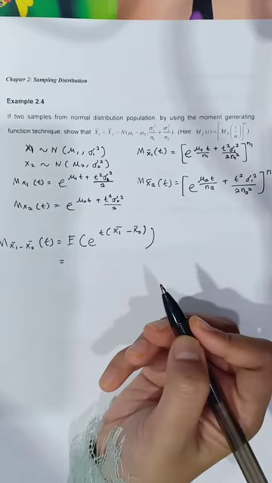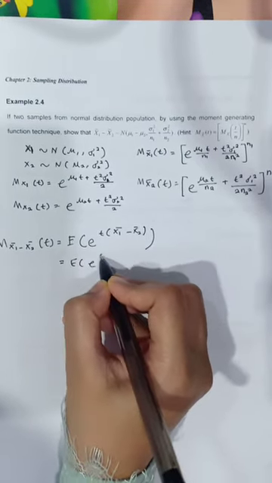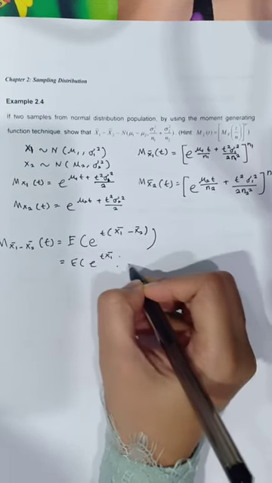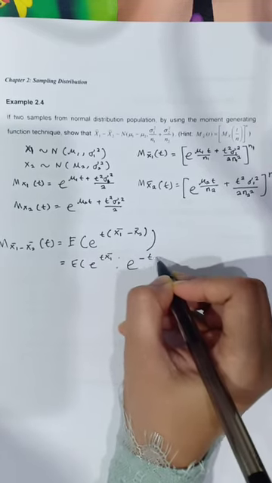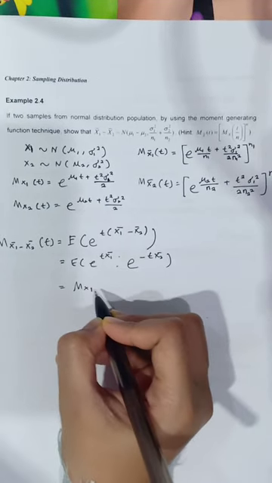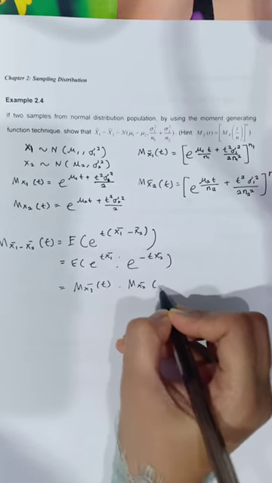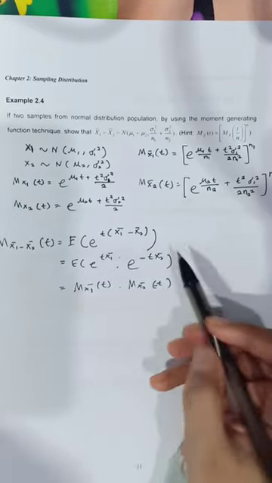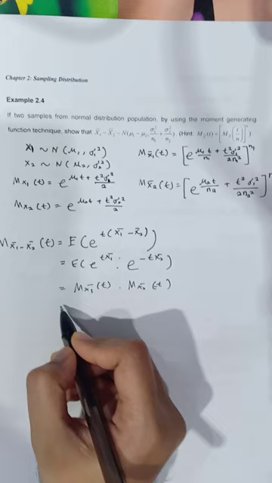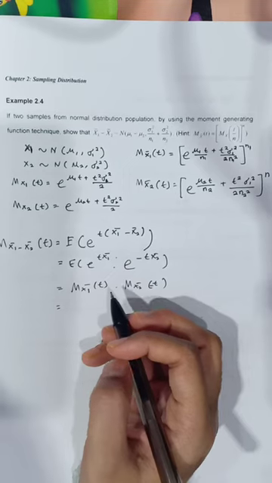We can write it as the expected value of e power of t x1 bar multiplied by e power of negative t x2 bar. So we can write it as M x1 bar t multiplied by M x2 bar negative t.